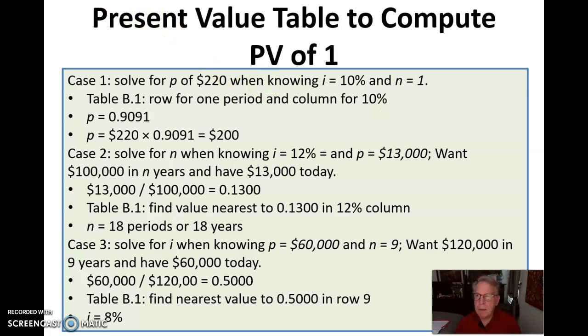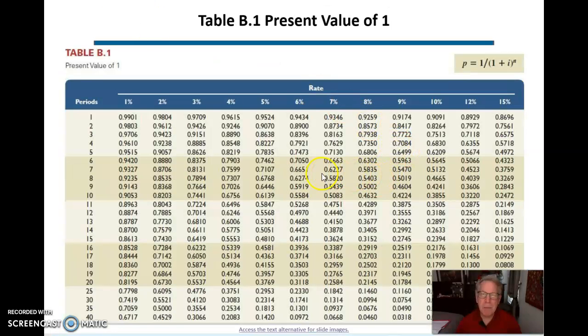So let me stop this for a moment. Okay, so here's table B.1, and as you see over here under period 1 and 10%, we have our lovely 0.9091, and that's how you use this table. And I showed you how to calculate that in my Excel spreadsheet in the previous video.